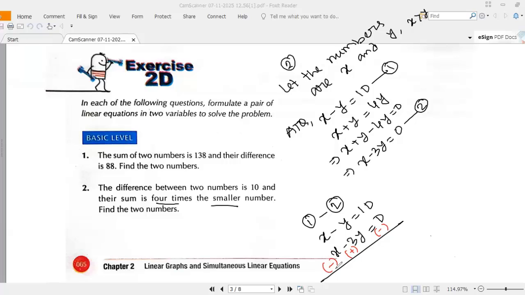That means plus will be converted to minus, minus will be converted to plus. x minus x, 0, minus y plus 3y, and 10 minus 0, 10.